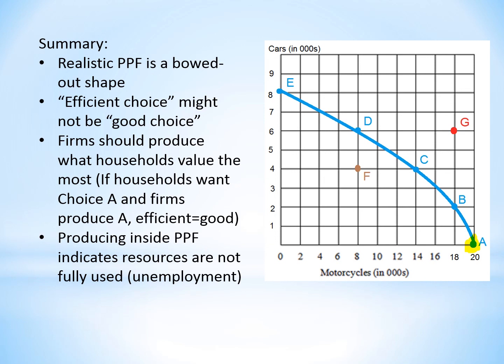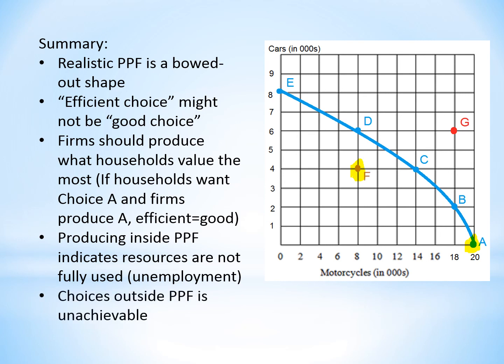Producing inside the PPF indicates resources are not fully used. We talked about that, like if we produce at point F, we waste some resources, and unemployment is a form of wasted resources because the firm just does not produce at its production possibilities.